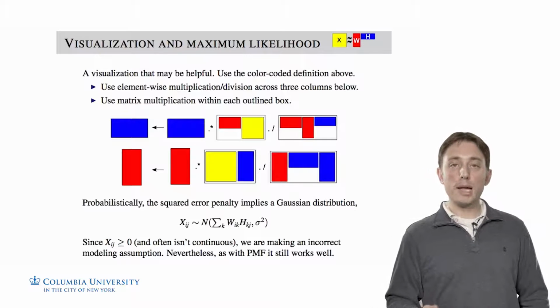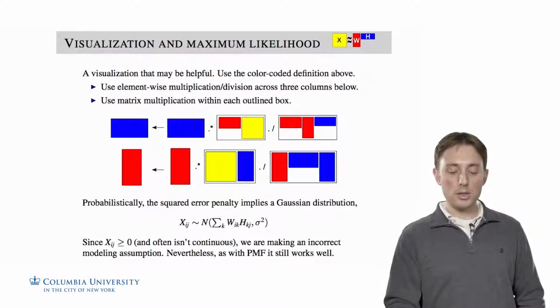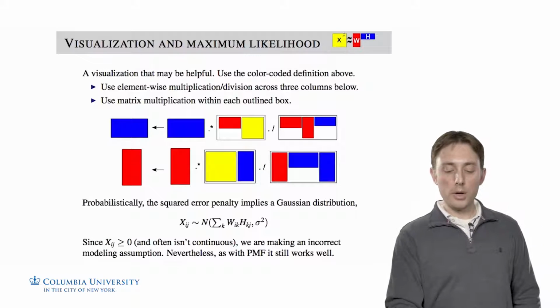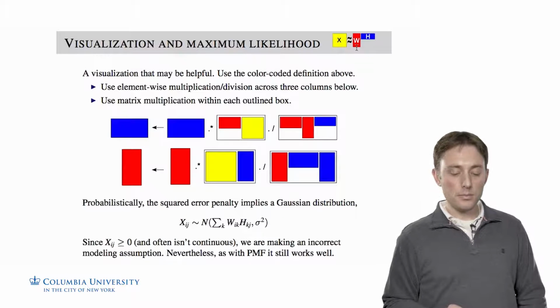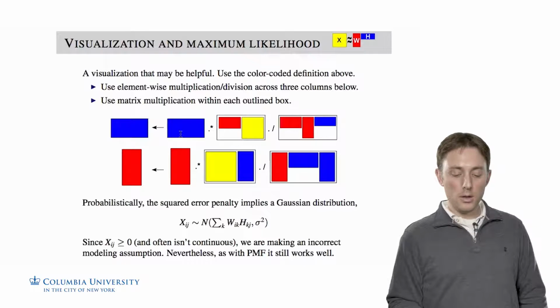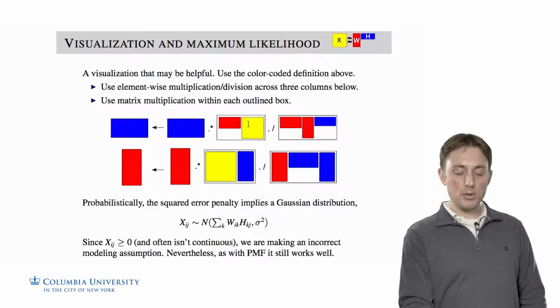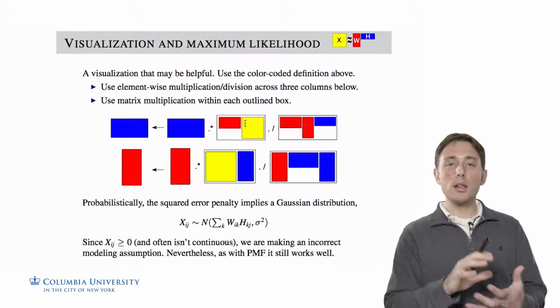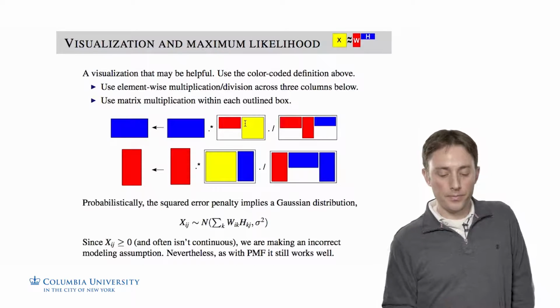So in practice, we can actually update the entire matrices all at the same time in this way. Let's use this color coding, where X, the data matrix, is yellow, red is W, and blue is H, and we're making this approximation. What we do then is we take the original matrix H, we dot multiply it, so this is MATLAB speak for saying take this matrix and do element-wise multiplication.